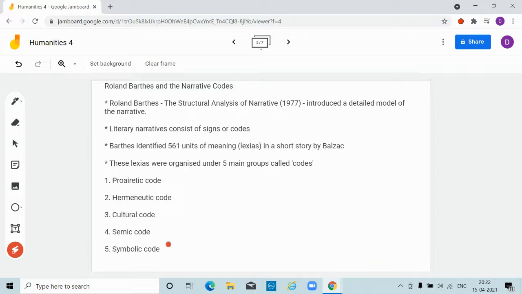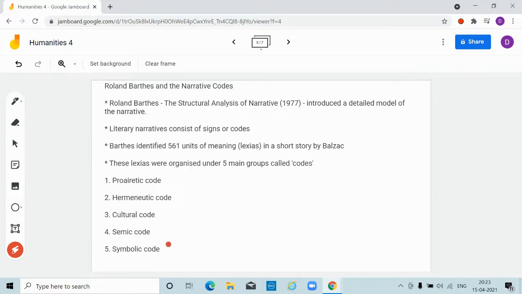There's thunder and lightning, signifying the emotional turmoil the character is going through. Such things are found throughout literature, throughout popular art. Now, that is an example of symbolic code.